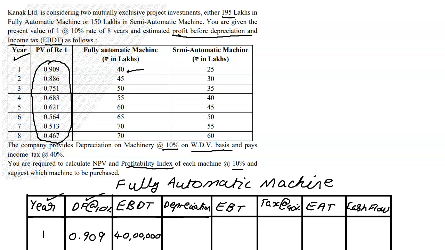I'm doing it with 195 lakhs. Anyway, I can't simply take 195 lakhs into 10%, which gives me 19.5 lakhs, and subtract 19.5 lakhs everywhere. Why? Because it is on a written down value basis. So when it's on a written down value basis, we need to have a working note, which I'm going to do over here. We have particulars and amount.